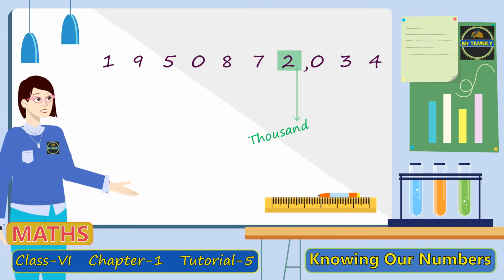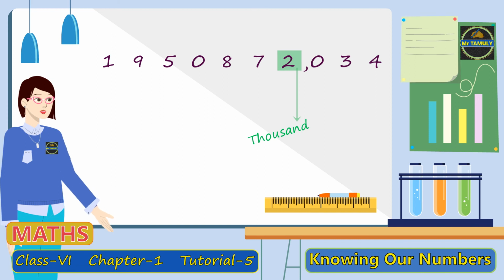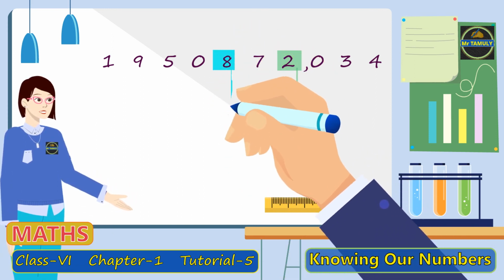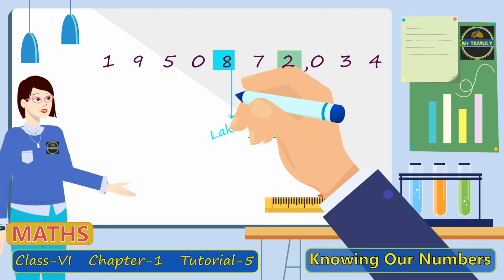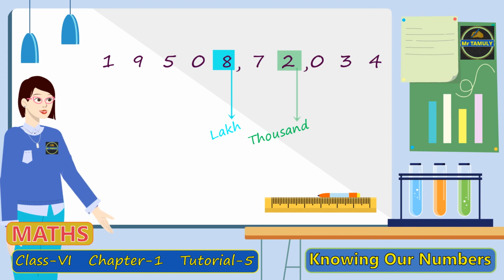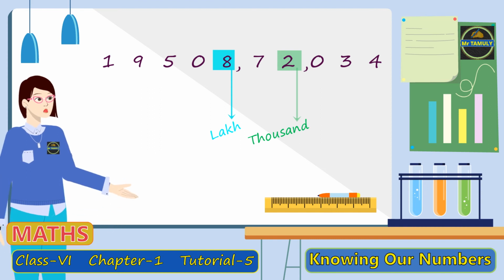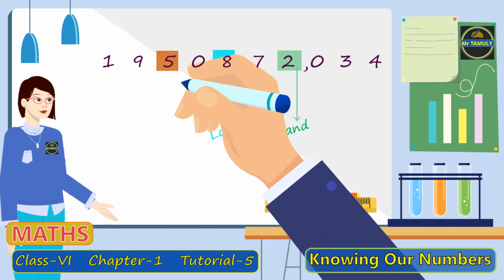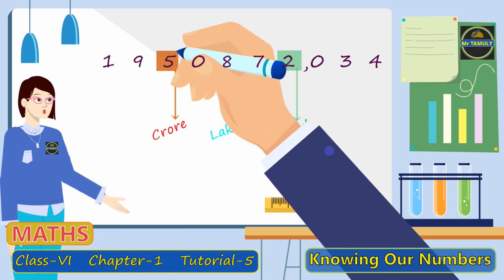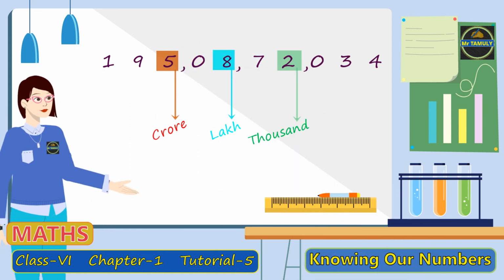But unlike the international method, the next important digit, in the Indian method, is the 1 in the 6th position having the name lakh. Let's put a comma just before the 6th position as well. The last important digit, in the Indian method, is the 1 in the 8th position, which has got the name crore. We shall put the last comma just preceding the 8th position.